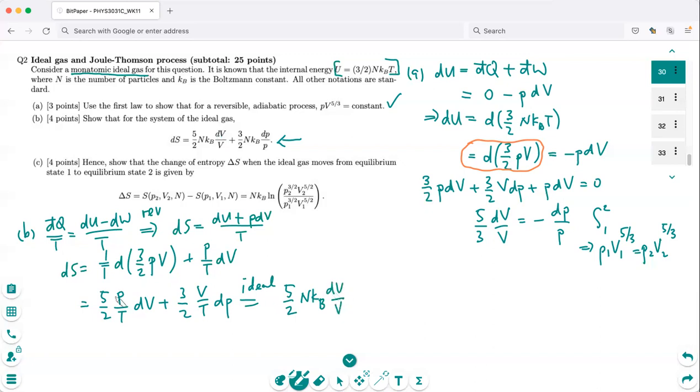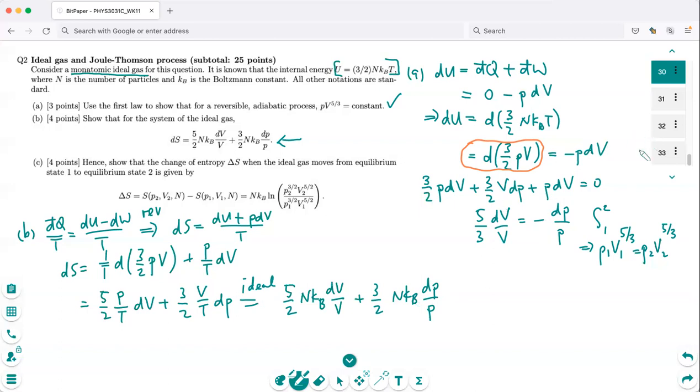So this is P/T is NkB divided by V. Okay, and the V/T, you can also get something similar. You get NkB dP. Okay, so this is using the ideal gas equation of state.